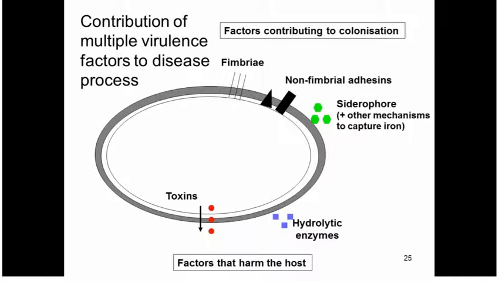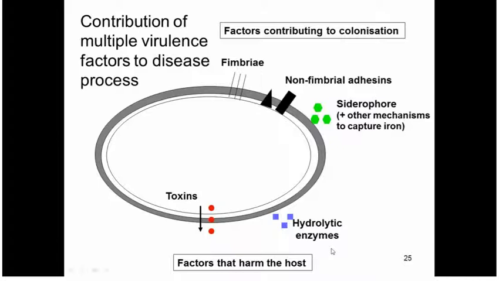Okay, just before we stop, I should say one or two things about the genetics of virulence. The thing that differentiates pathogenic bacteria from commensal bacteria is that pathogens have specific molecular mechanisms for adhesion, colonizing the host, producing toxins, producing hydrolytic enzymes.